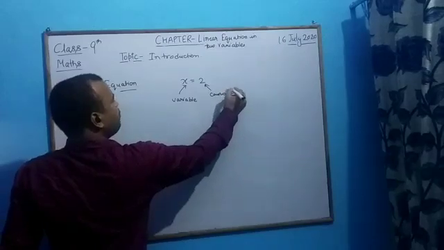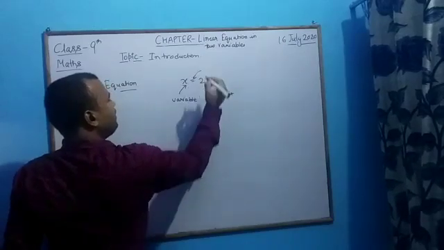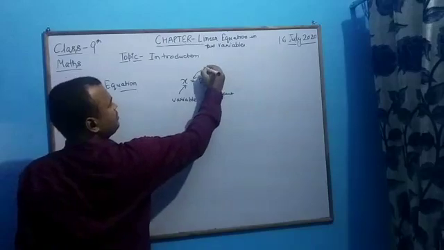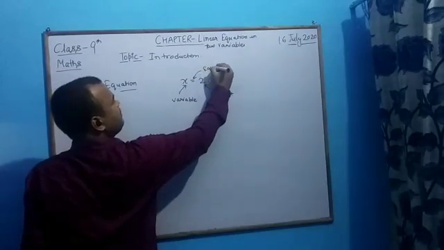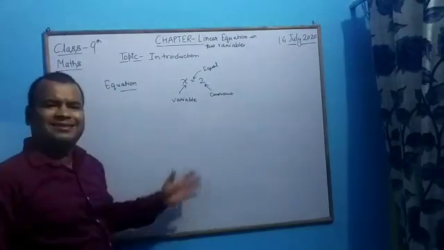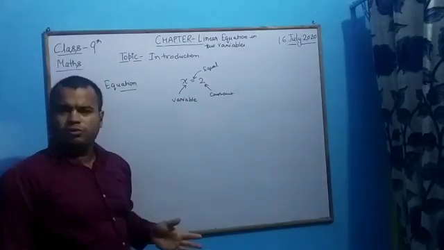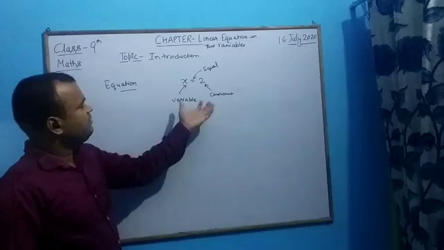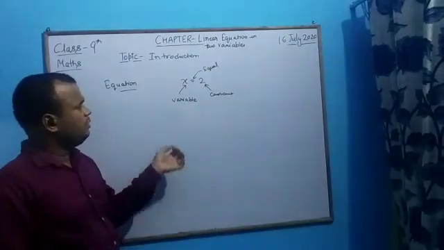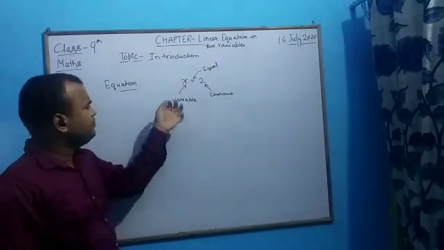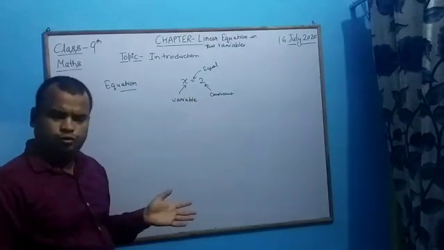And what we have used in between both is a sign, that is the equal sign. Or I can say that I have equated x to 2, that is x is equal to 2. It is called an equation. It is a very simple equation that x is equal to 2.